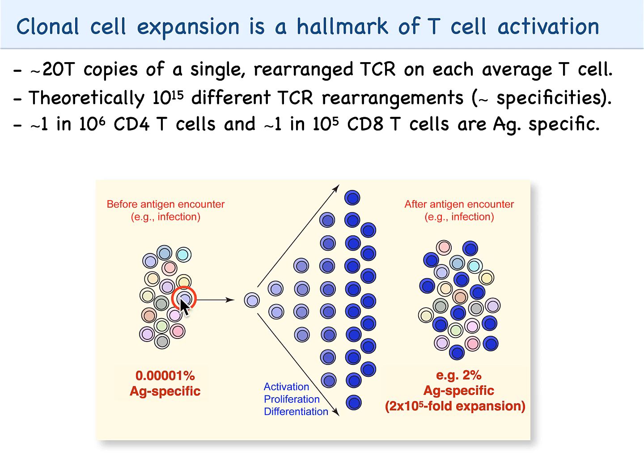And after it gets activated, it will clonally expand. And in the infection now, you will have a very strong increase in this specificity. This depends a lot on the infection and on the specificity itself, so there is not a general rule. You can go now from this frequency to somewhere like 0.1, even 10, or even 20% at the peak of the infection. So a huge increase.